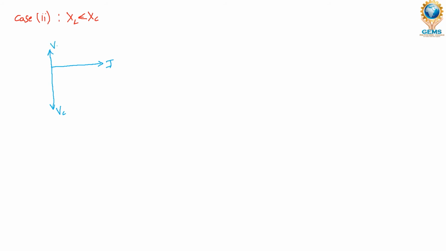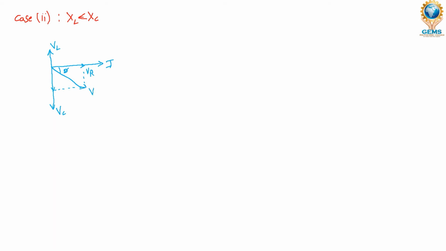This is the VL. You can see this. Here is the VR. The resultant voltage will come here, that is V, angle phi, voltage V.